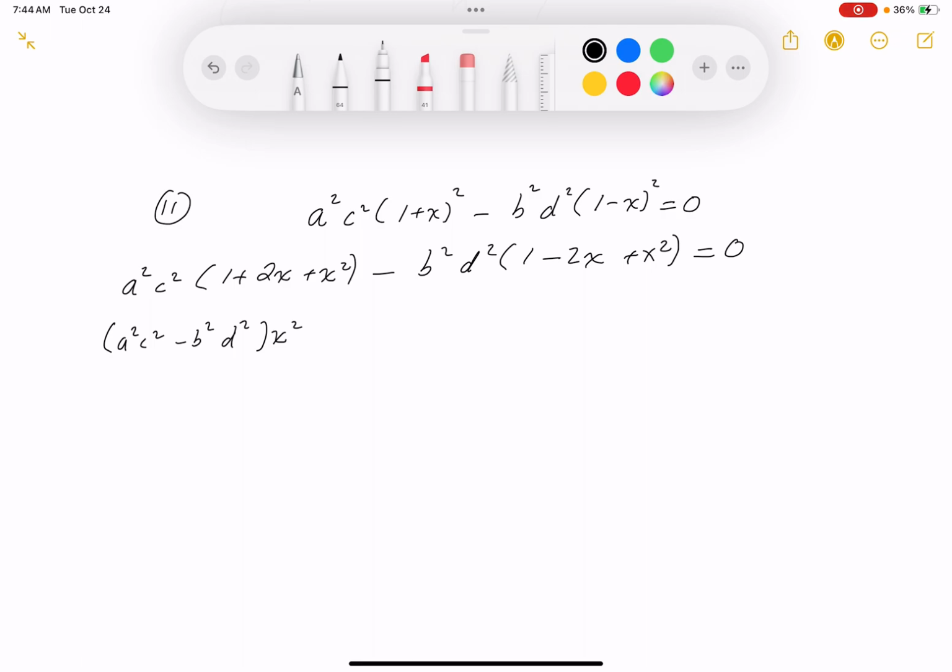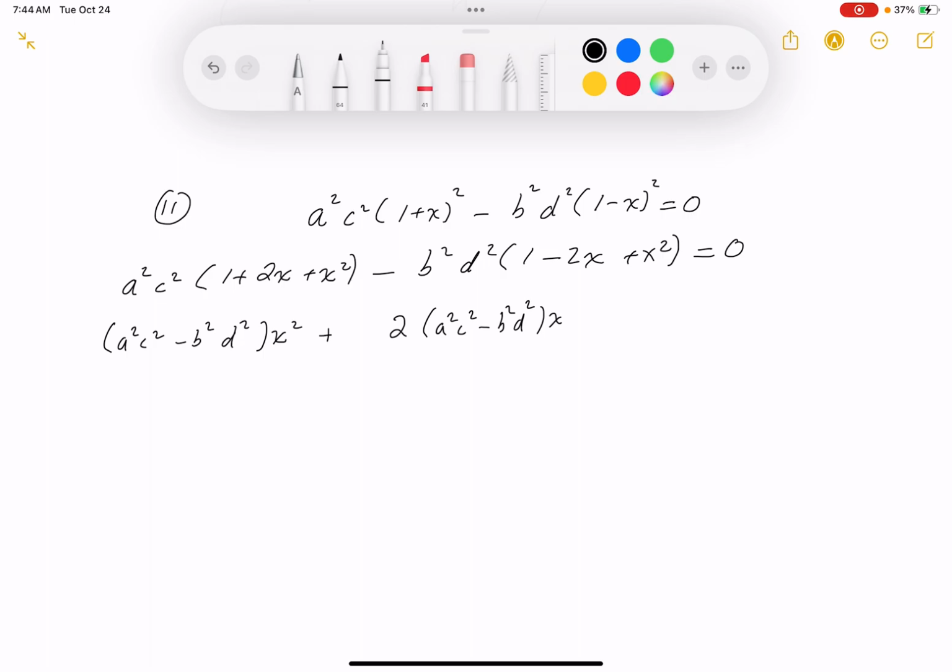Now let's go for the linear term. There's going to be a coefficient on an x there as well. Looking at it, I notice there's going to be 2 on each thing. And that would be a squared, c squared, and then it's going to be minus b squared, d squared.